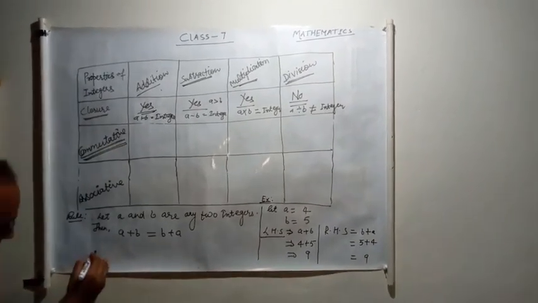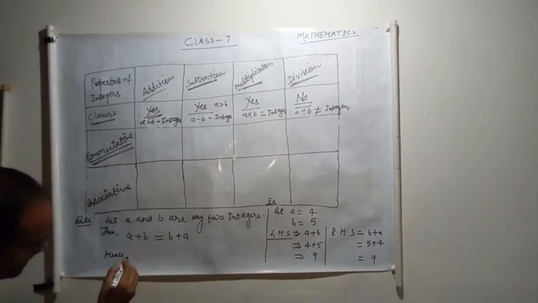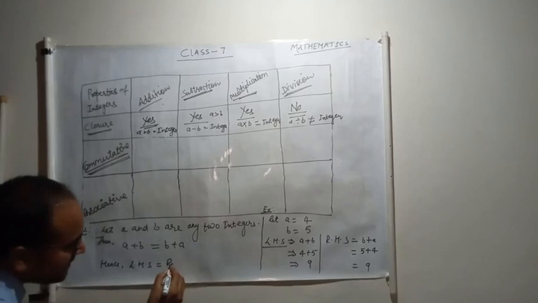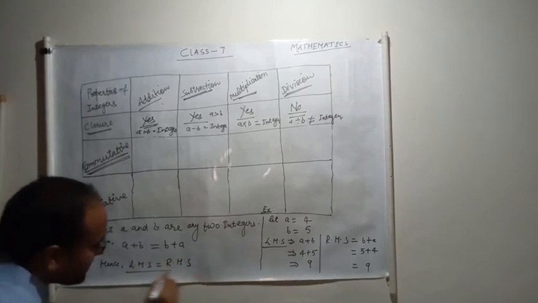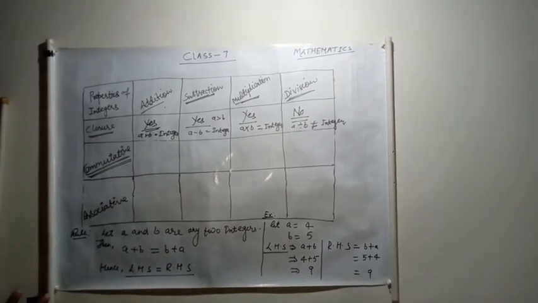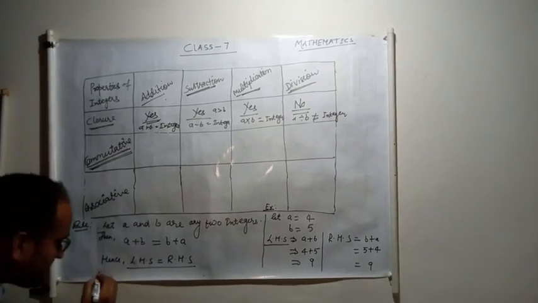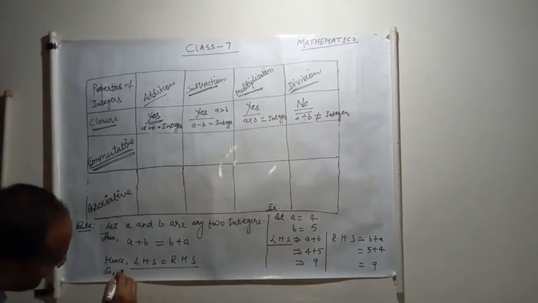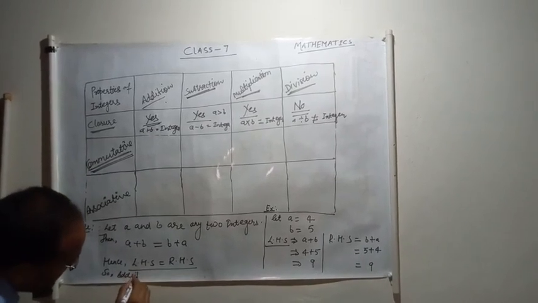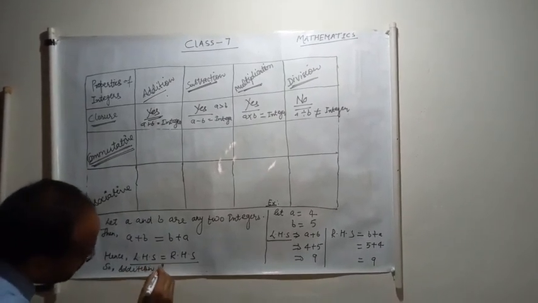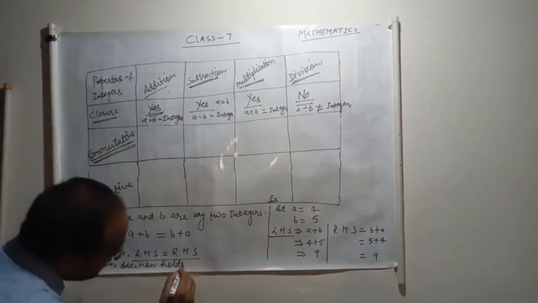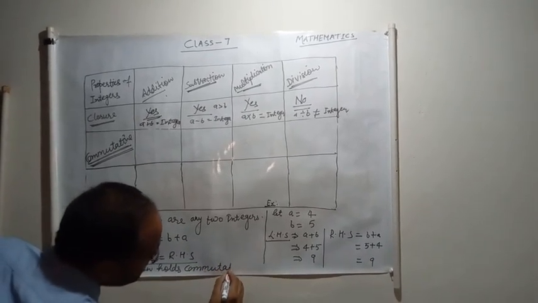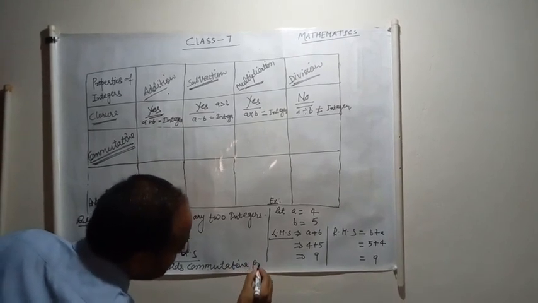So hence we can say that if the left hand side is equal to the right hand side, it means that addition holds the commutative property.